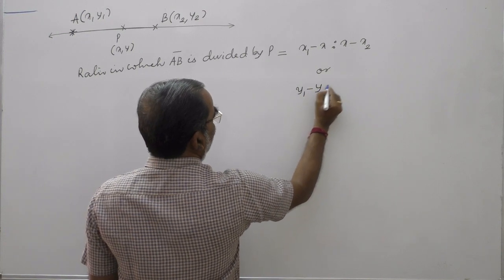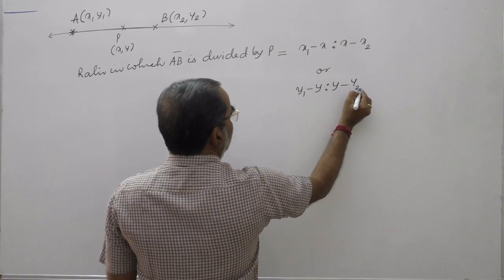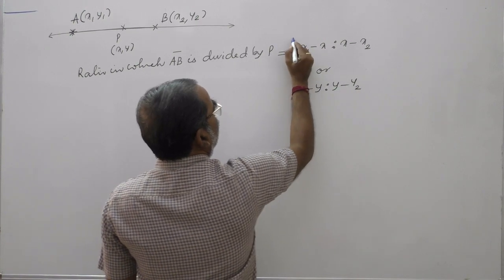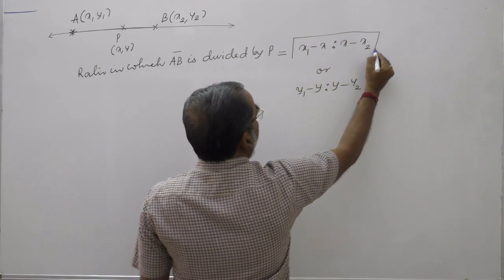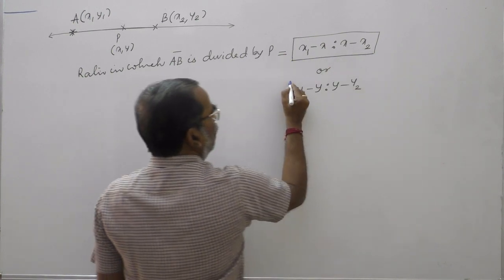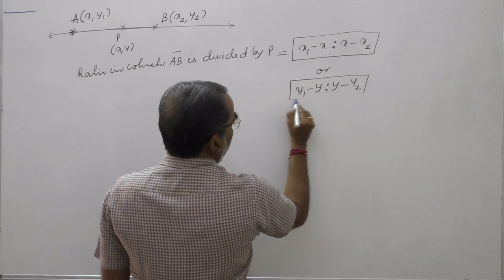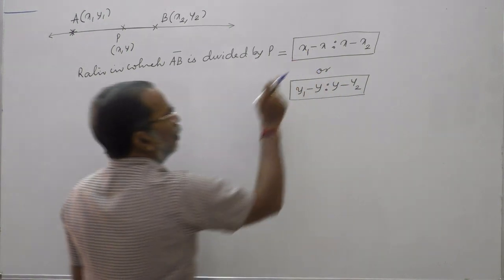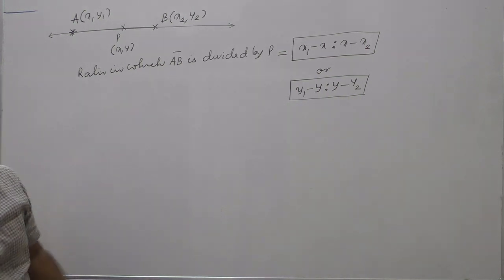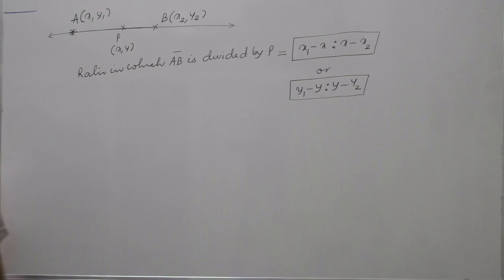The ratio in which the line segment joining (x1, y1) and (x2, y2) is divided by (x, y) can be found using either.